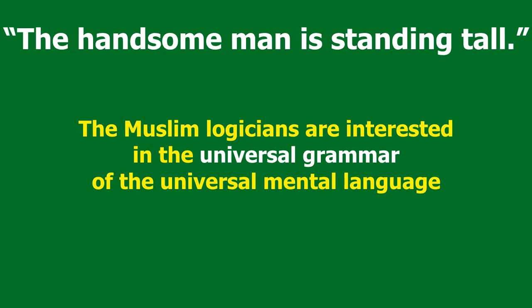The concept of universal grammar is a concept in modern linguistics. It was famously propounded by Noam Chomsky a couple of decades ago, and it refers to the view in linguistics that human beings have innate capability, innate constructs in the mind by which they learn language.